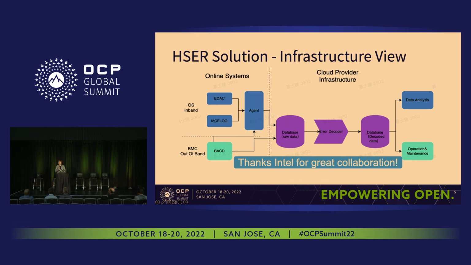If you don't mind, I can help you. BACD is only for certain classes of errors, and they're mutually exclusive today from the other categories. So she's right, they don't have to worry about deduplication because of the way they've implemented it. Okay, thank you so much.